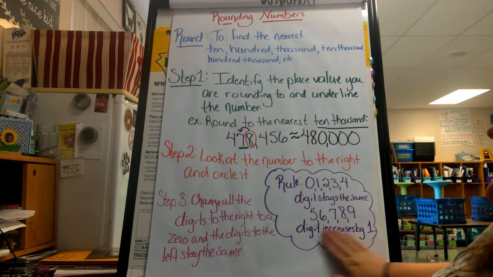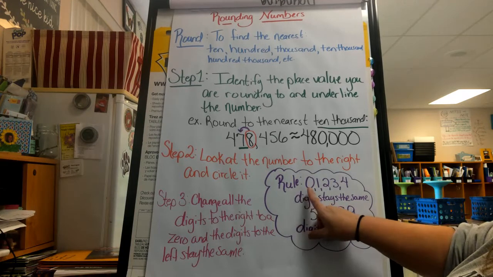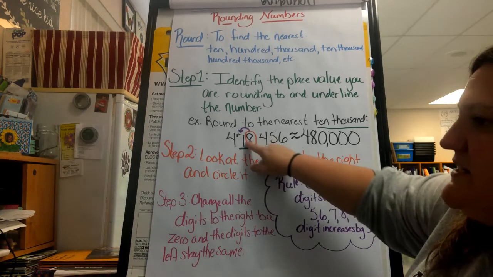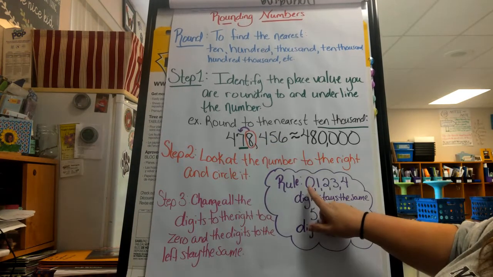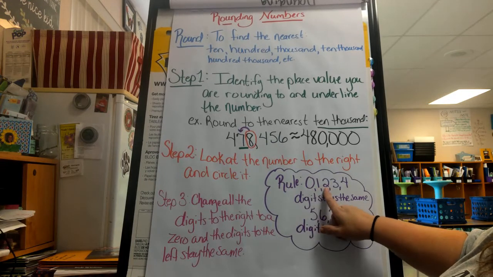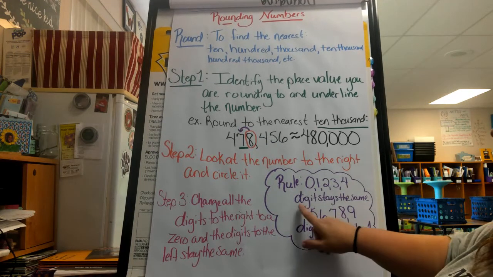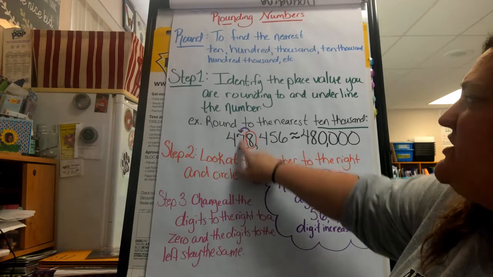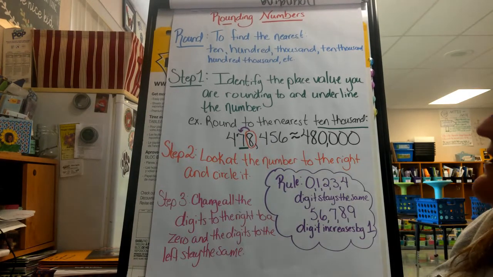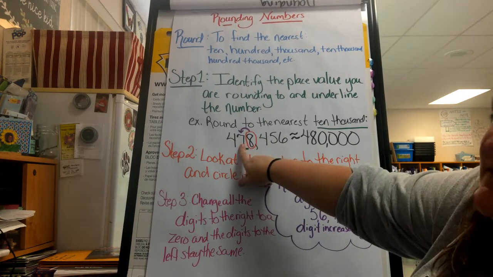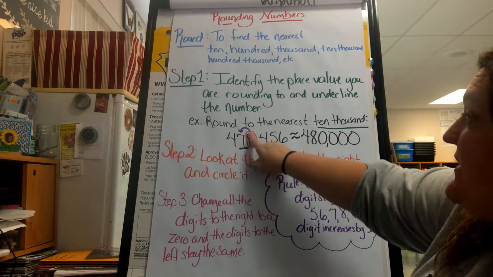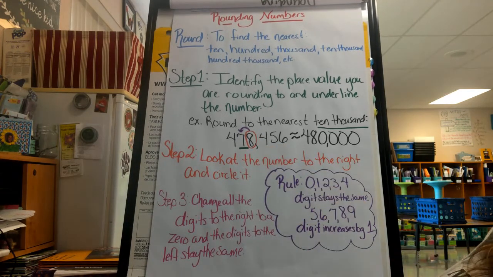So here's our rule. Our rule is if in this bossy digit, in this circled digit, there's a 0, a 1, a 2, or 3, or a 4, that digit is going to stay the same. So the digit we underlined will stay the same. He's going to tell him, listen, man, stay a 7 if it's a 0, 1, 2, 3, or 4.